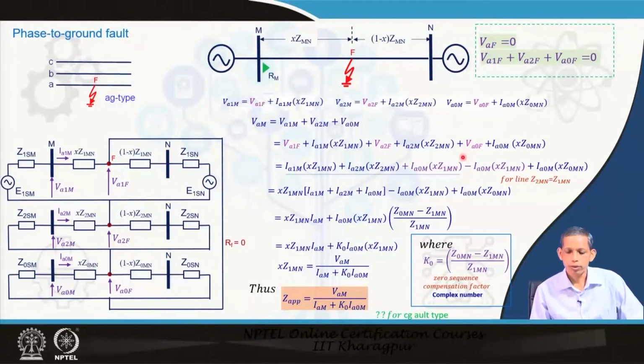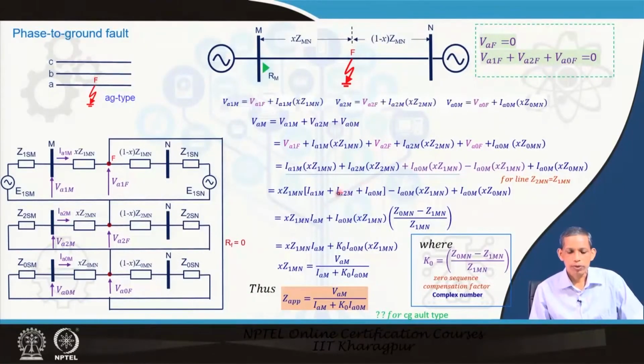What we have done now is added two terms, I0M x Z1Mn minus I0M x Z1Mn, only for further analysis. These two terms cancel each other out, they are the same term.